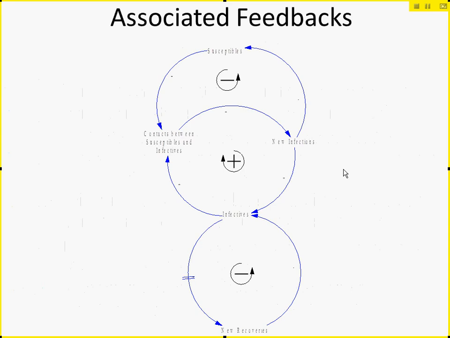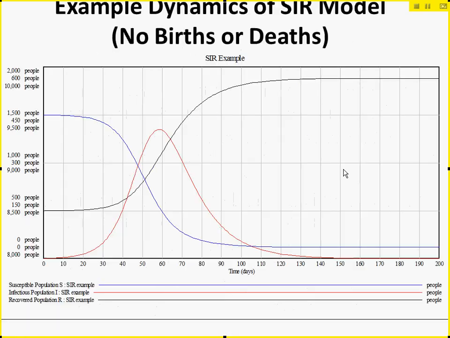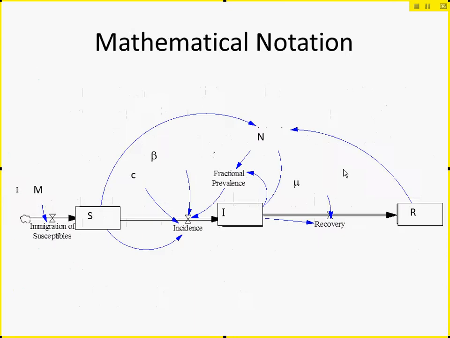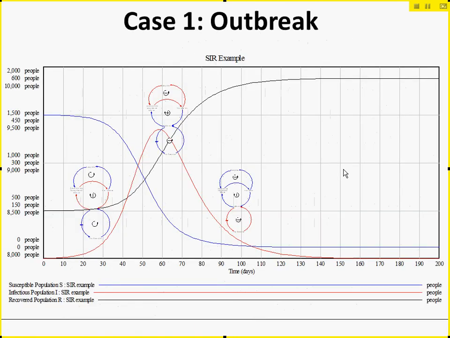We can think of what's going on early on as being associated with that initial feedback between infectives leading to more infectives. As the number of infectives rises, the number of contacts rises, leads to more infectives, and you've got this vicious cycle spreading the number of infectives, right?